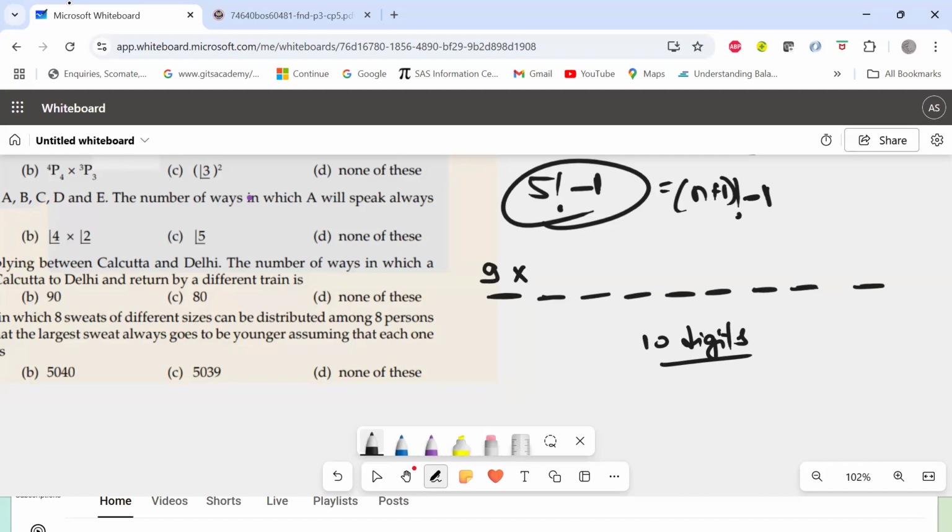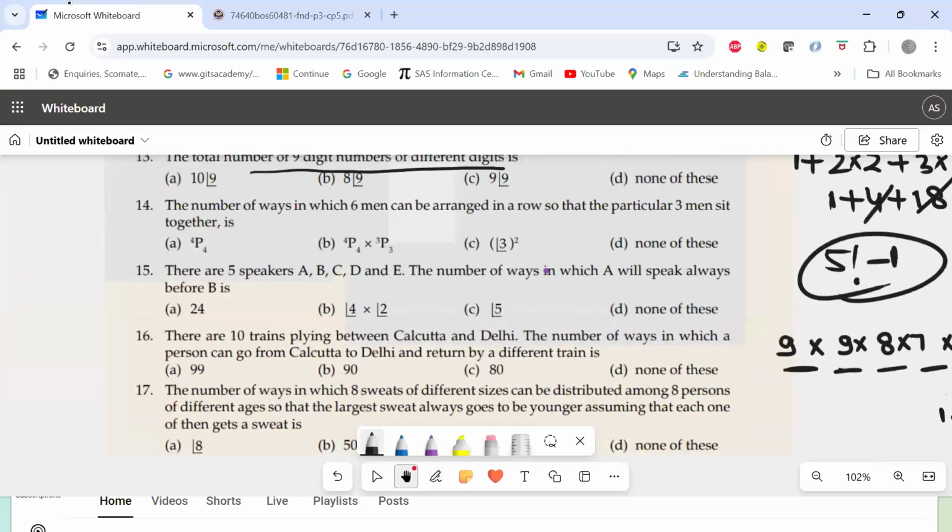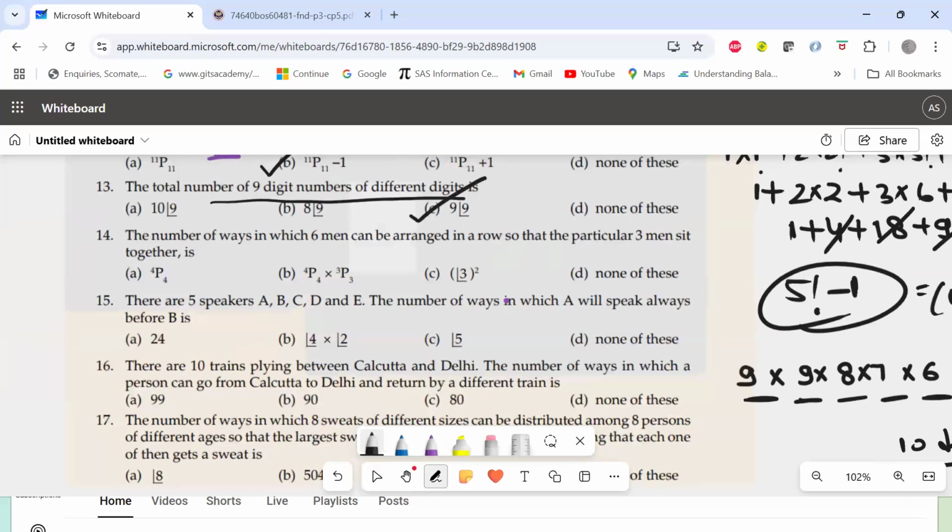Then here any of 8, then 7, 6, 5, 4, 3, 2. So the answer for this is 9 into 9 factorial, option C. The 13th answer is option C.